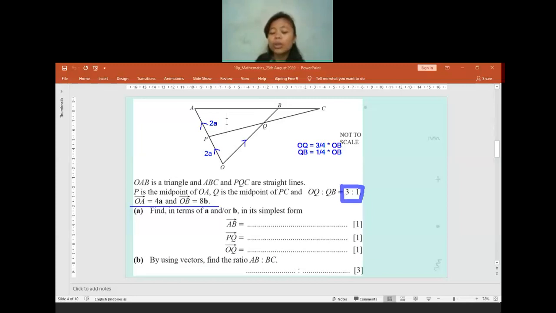Because factor actually is very easy. You just need to pay attention, read the question properly, and give the label properly to the diagram given. Like giving the arrow, if you give the arrow in a different way, all the answers will be wrong. That's why please label the question properly.